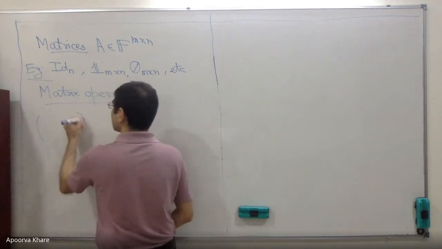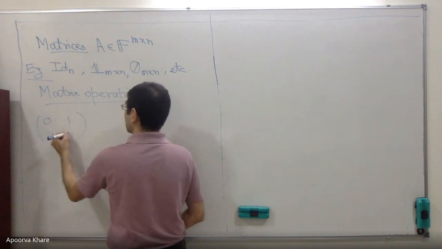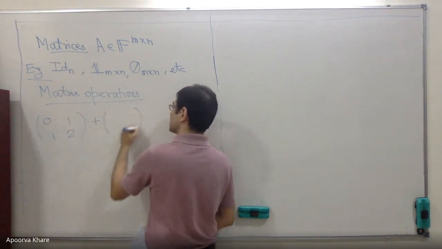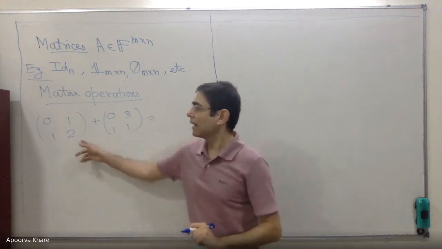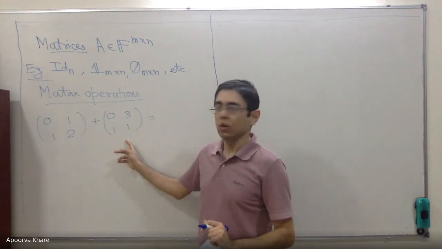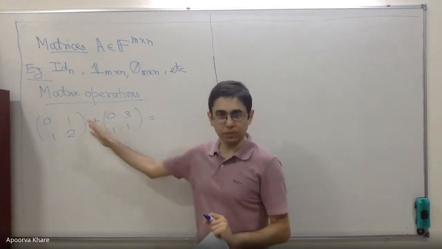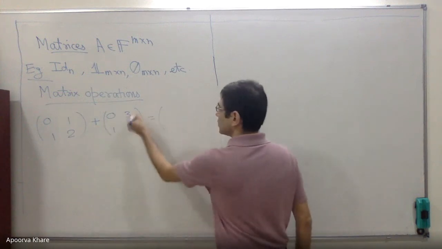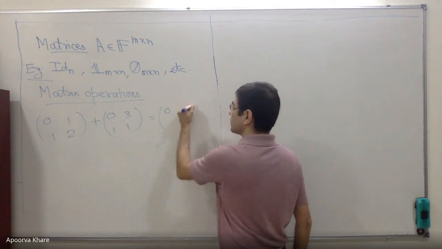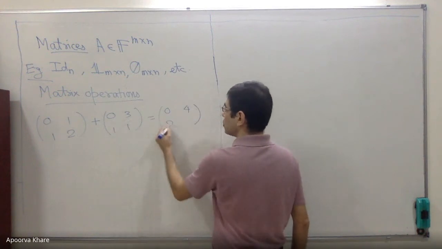So for example, you can have, let's say, 0, 1, 1, 2 plus 0, 3, 1, 1. Basically, you can add two matrices, provided the dimensions are the same, the same number of rows and the same number of columns, and addition is entry-wise. So 0 plus 0 is 0, 1 plus 3 is 4, 2 and 3.